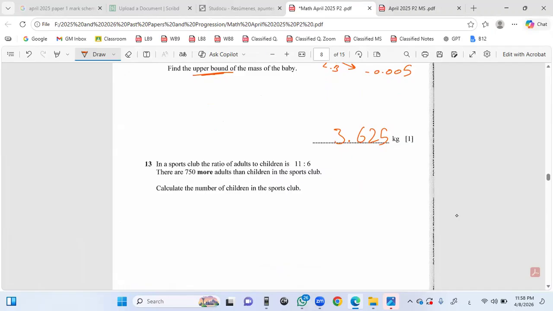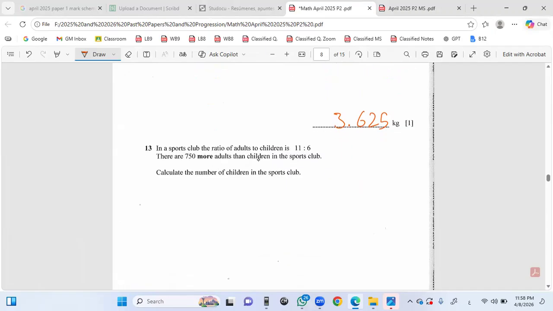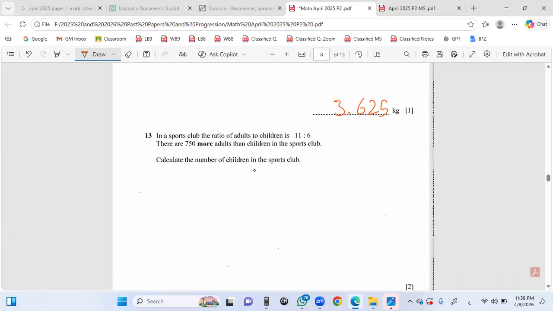In a sports club, the ratio of adults to children is 11 to 6. There are 750 more adults than children in the sports club. Calculate the number of children in the sports club in total. They want just the number of children, not the number of adults.